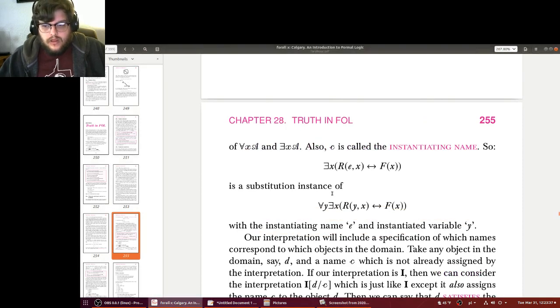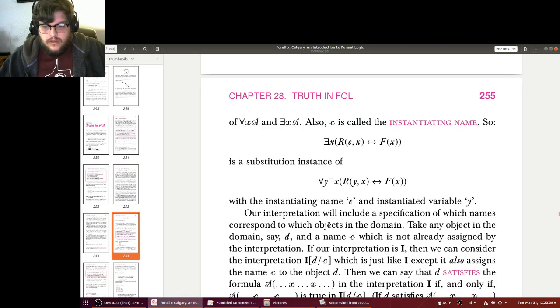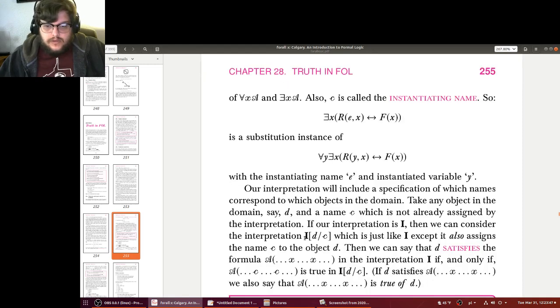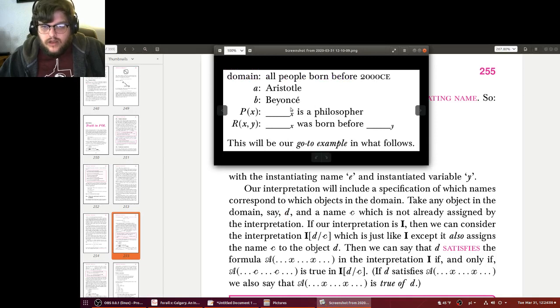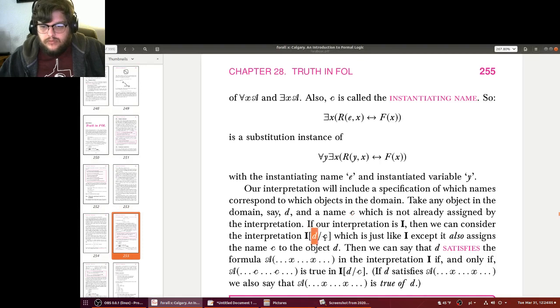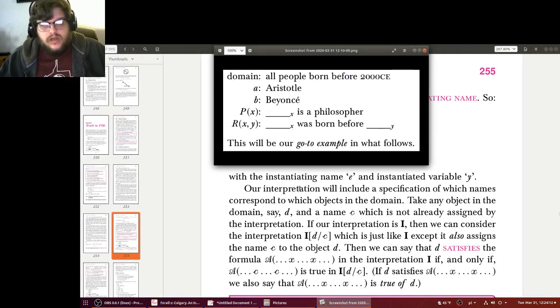Okay, and they say take any object in the domain and a name c which is not already assigned. If our interpretation is I, then we can consider an interpretation I, and then they write this slash in here, I d/c. Now, d is an element of the domain. It is not a name. Okay, c is a name, so they're putting this slash in here to sort of assign a variable after we've done an interpretation.